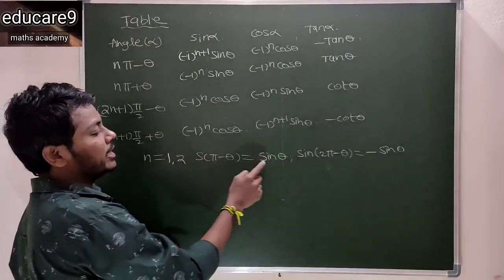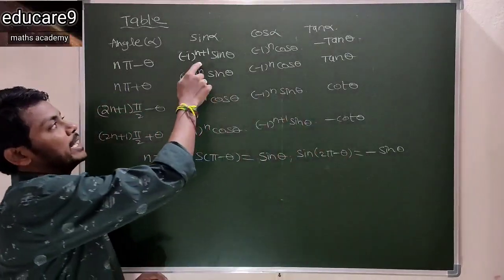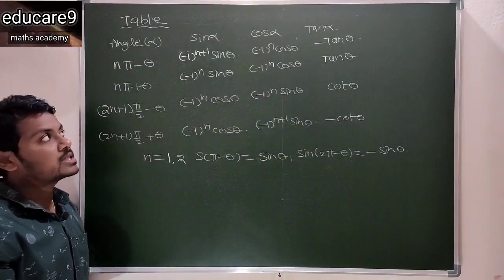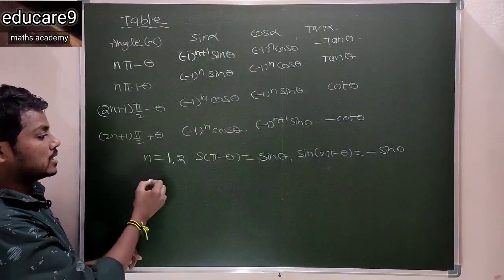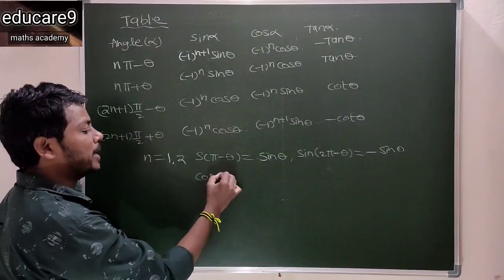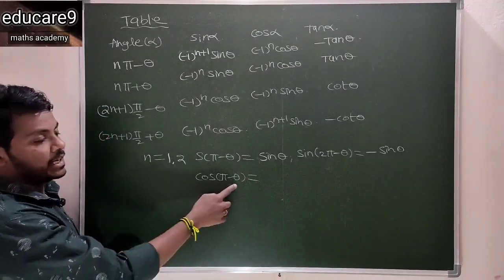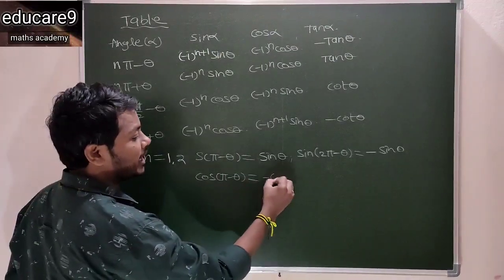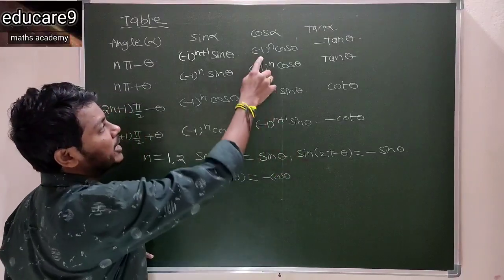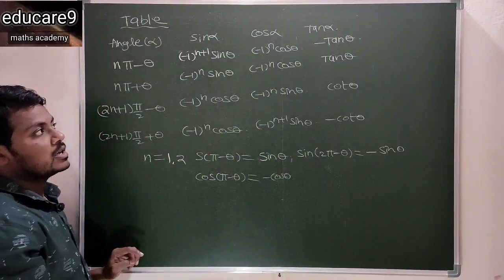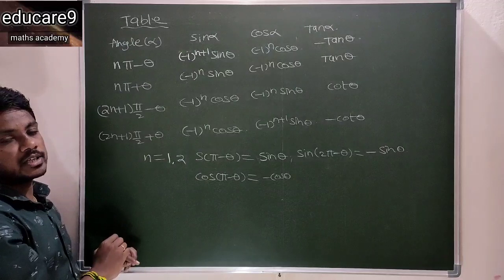So you will get alternating signs, plus and minus. So that's why I am writing (minus 1) power (n plus 1) sine theta. So next, cos of (pi minus theta). 180 minus theta is in the second quadrant, you will get minus cos theta. So that's why I am writing here (minus 1) power n cos theta. So similarly for n pi plus theta also.